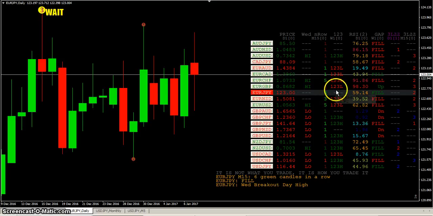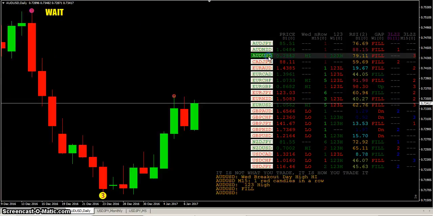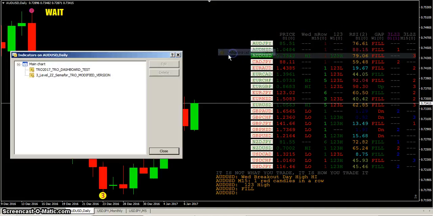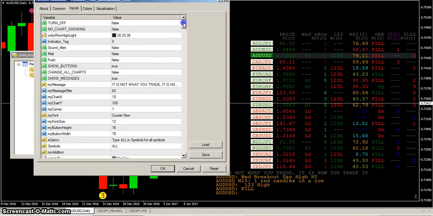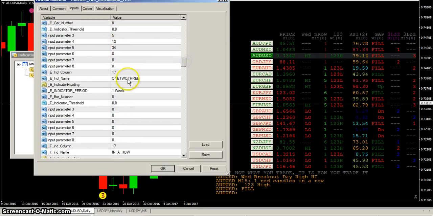Okay, what else we got? So we don't have any 1, 2, 3s happening here. Now, let's see. We've got a 3 and a 1, 2, 3 on the high side. But that's on the weekly. Let's switch that over to the current. And this is how you do that. So we're looking at the 1, 2, 3. And I spelled it out because once again, you can't use a 1. So 1, 2, 3.